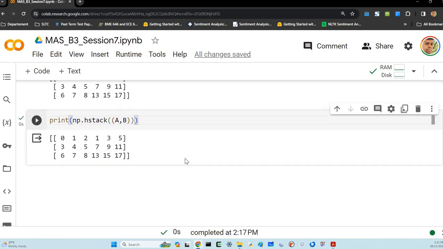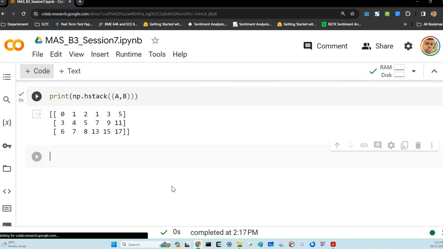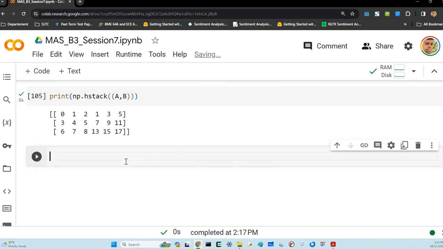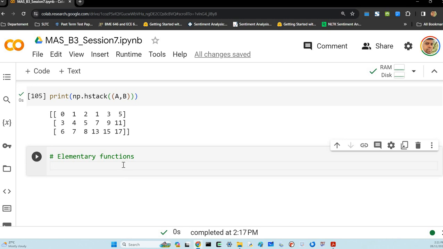We came to the last part of this. Let me discuss some elementary functions. So let's say we have 2 matrices like this.